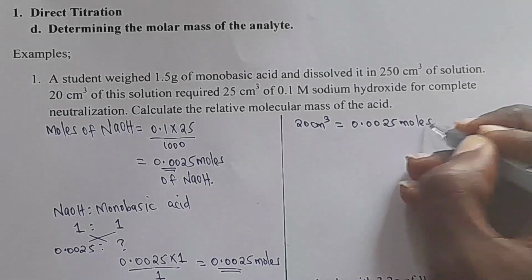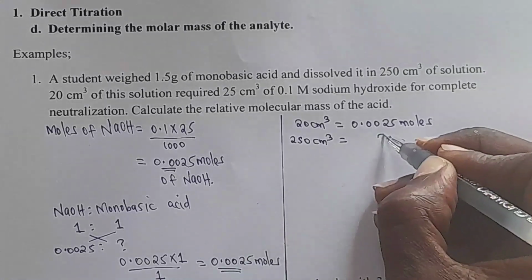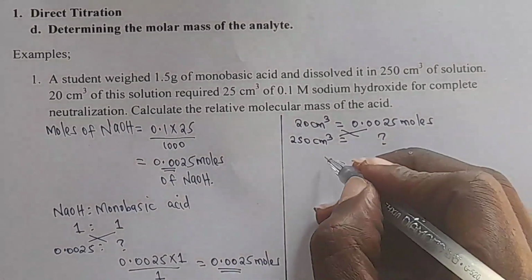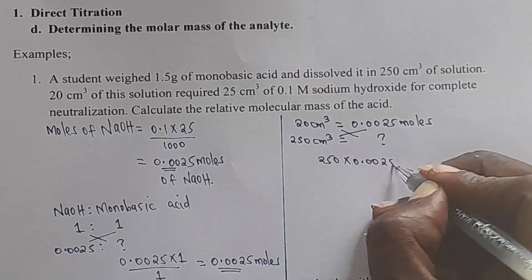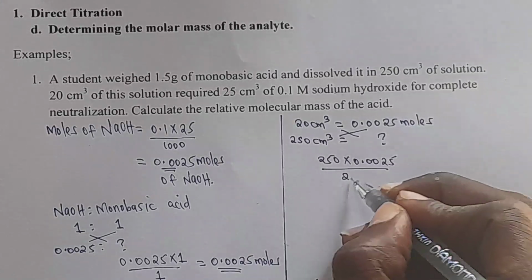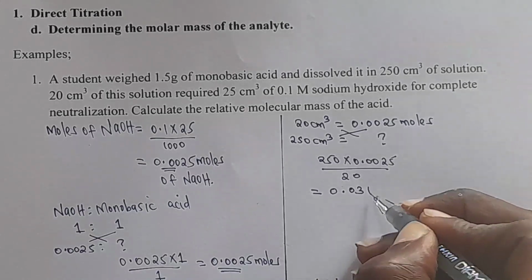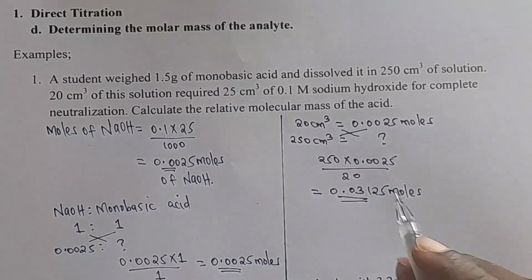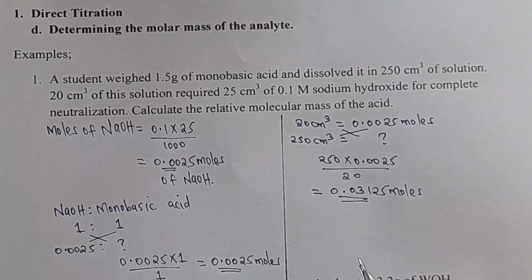What number of moles will 250 cm³ contain? We say 250 multiplied by 0.0025 divided by 20. Here we get 0.03125 moles. So this number of moles of the monobasic acid is contained in 250 cm³ of monobasic acid solution.